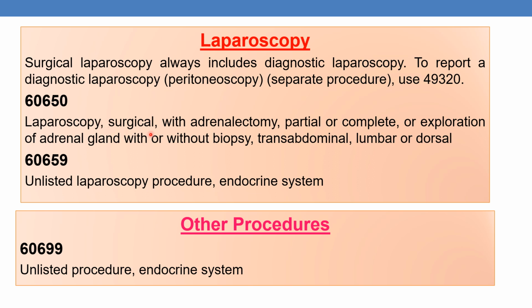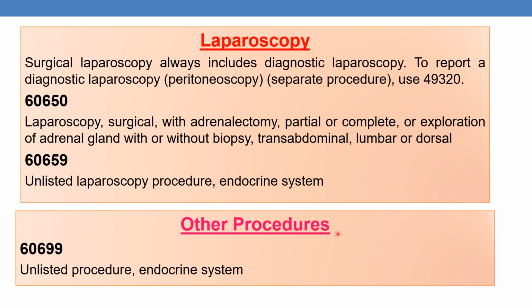Laparoscopy surgical with adrenalectomy, partial or complete, or exploration of adrenal gland with or without biopsy, transabdominal, lumbar or dorsal approach. The next is unlisted laparoscopy CPT for endocrine system 60659.